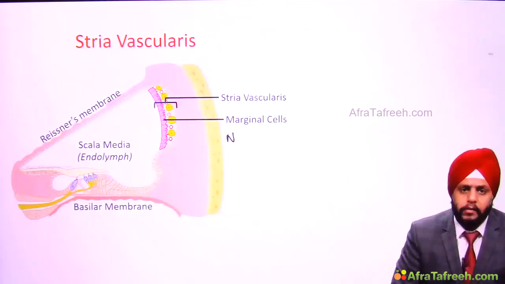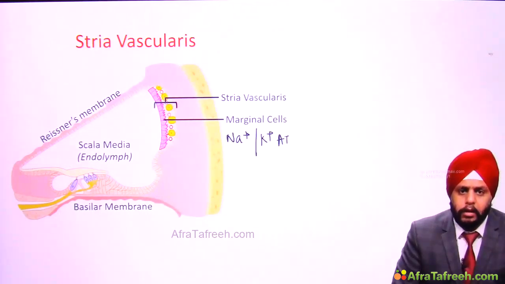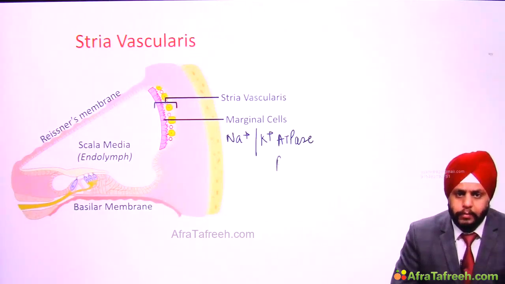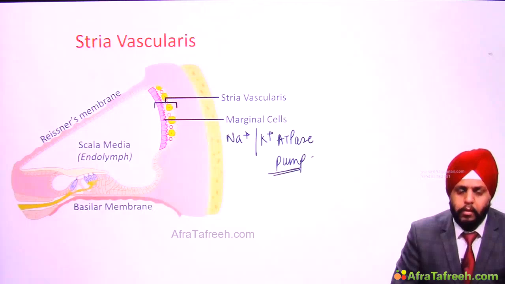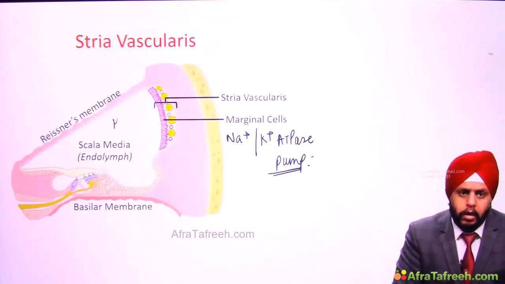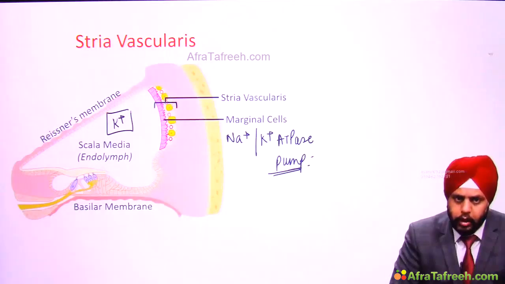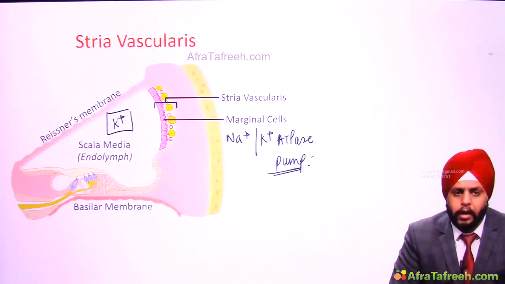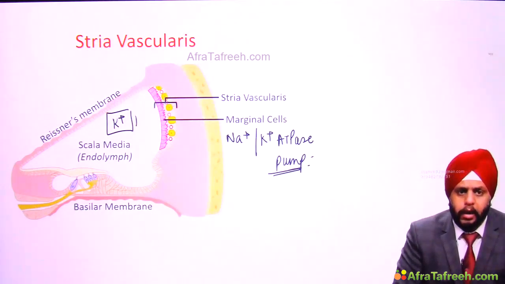These marginal cells have a sodium potassium ATPase pump. With the help of this pump, they secrete a lot of potassium in the endolymph. So remember, endolymph is high in potassium and low in sodium.